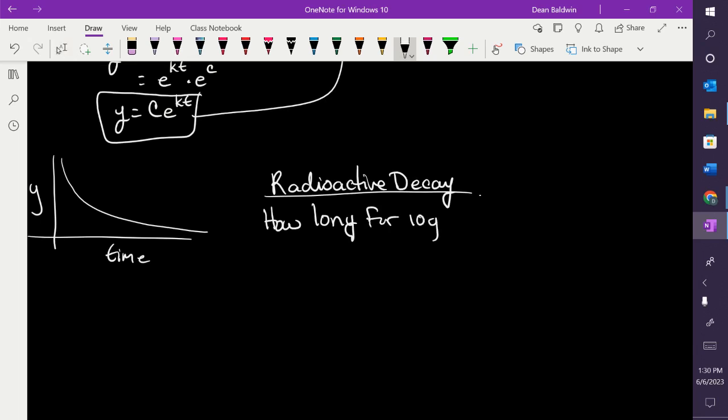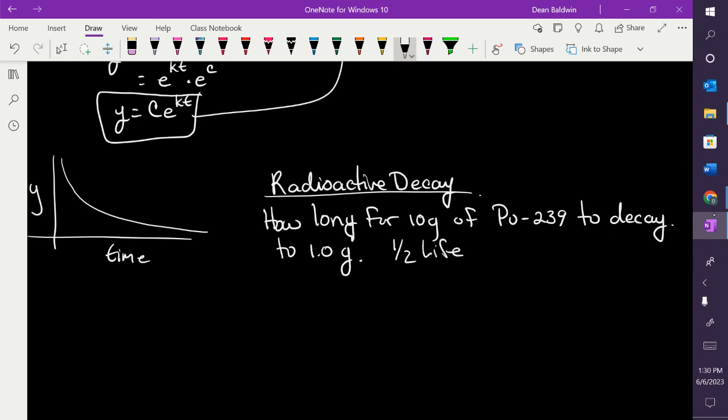How long for 10 grams of plutonium-239 to decay to 1 gram? And the half-life of plutonium-239 is 24,360 years.